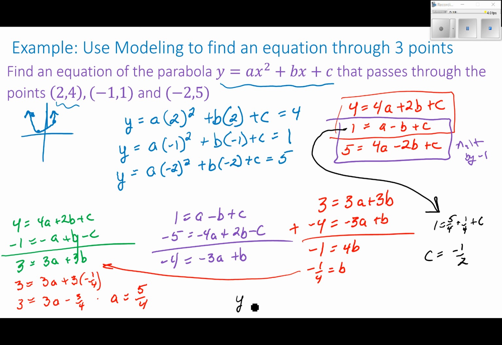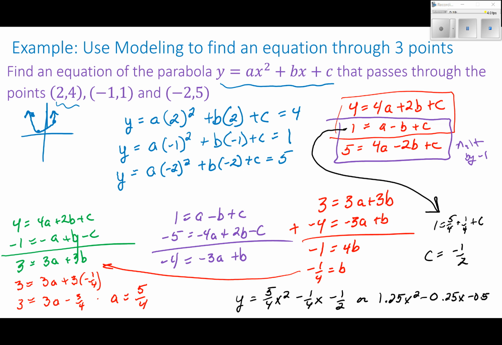So our equation ends up being 5/4 x squared minus 1/4 x minus 1/2. Or if we wrote this in decimals, this is 1.25 x squared minus 0.25 x minus 0.5.